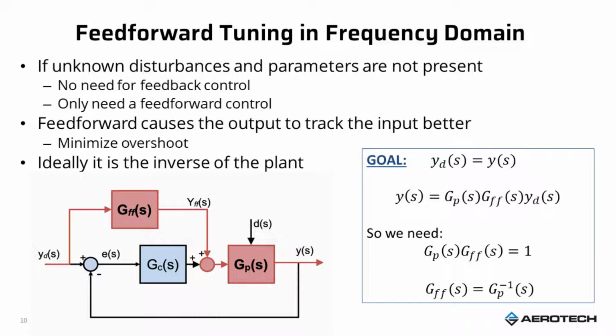A couple things to make note of. The feed forward really, if we knew the plant exactly, would be all we really need to control the plant. If we knew precisely the structure of the plant and all the parameters of the plant exactly, and there were no disturbances, we could just have a feed forward control and put in the input, and we would produce the appropriate output.